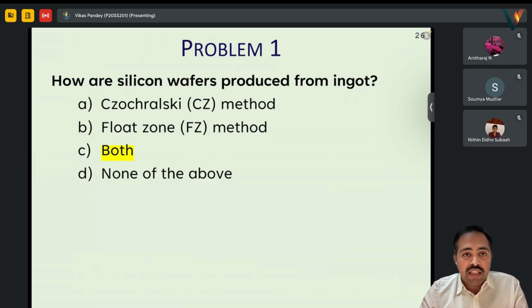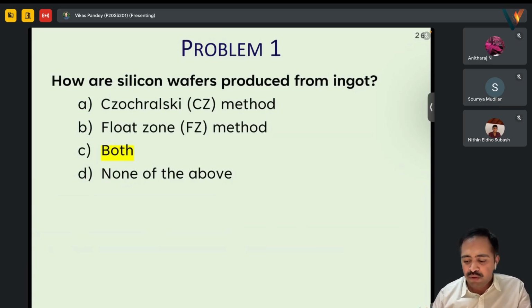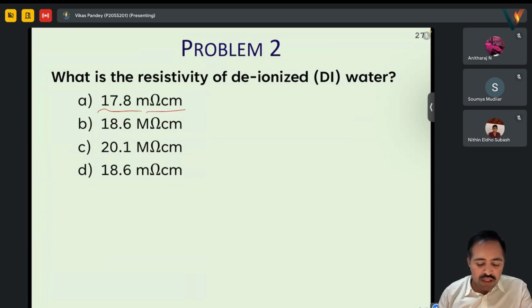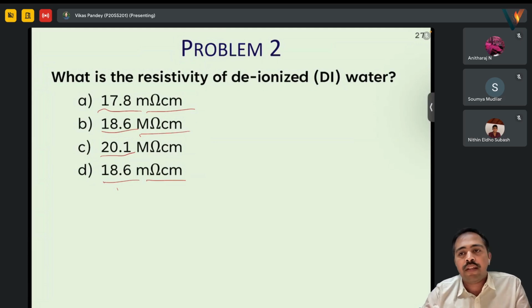Problem two. What is the resistivity of the deionized water? Is the slide visible? Okay, there is some delay. What is the resistivity of the deionized water: 17.8 milliohm centimeter, 18.6 megaohm centimeter, 20.1 megaohm centimeter, or 18.6 milliohm centimeter?